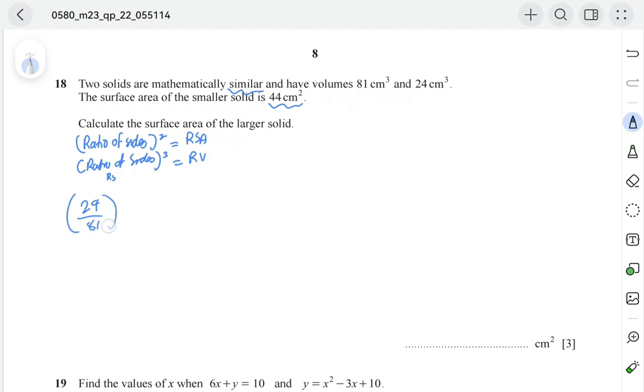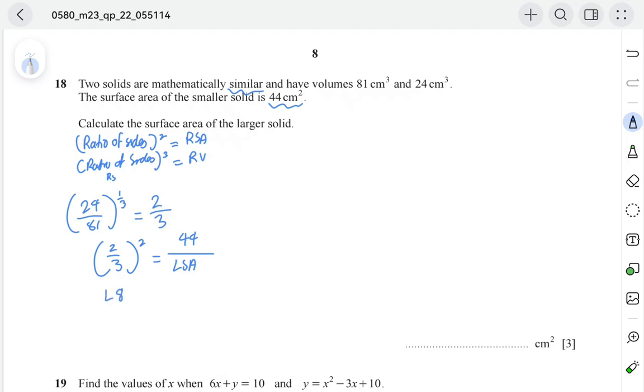And we will cube root it, which is the same as the power of 1 over 3, and that equals 2 over 3. So this is the ratio of sides. We know that the ratio of sides squared is equal to 44 over the larger surface area of the other solid.